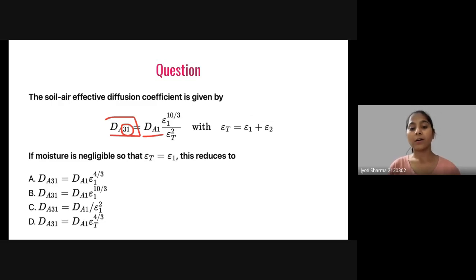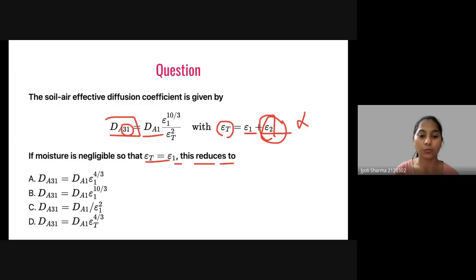The effective porosity is driven by porosity in the air and porosity in the water. If moisture is negligible, if there is no moisture, then the water porosity will become zero. So epsilon T is equal to epsilon 1.